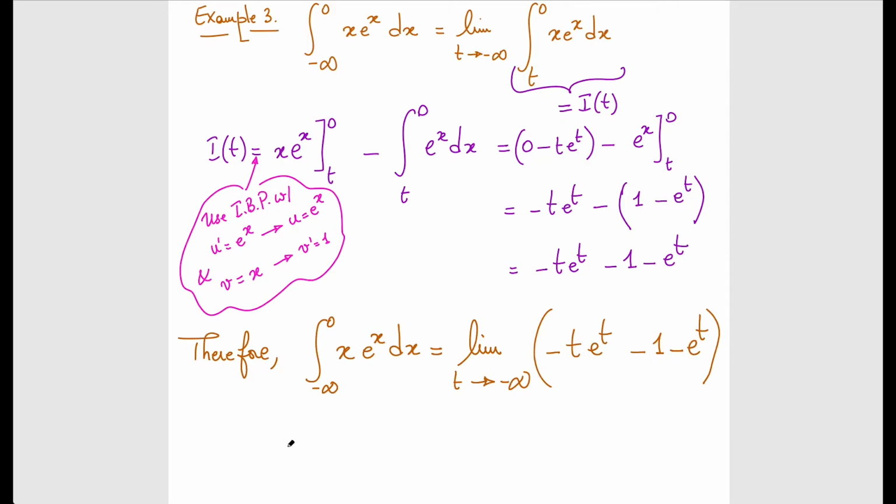Let's talk about each one. This is the limit as t goes to minus infinity with a minus sign outside of t e^t, I'm splitting them, minus 1, minus the limit as t goes to minus infinity of e^t.